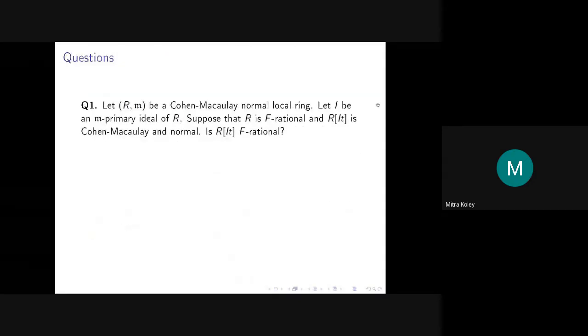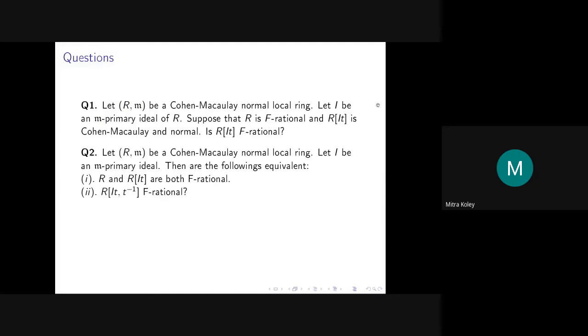So now I'll discuss some questions which are of interest in F-rationality of the Rees algebra. The first question: let (R, m) be a Cohen-Macaulay normal local ring, and let I be an m-primary ideal. Suppose the base ring R is F-rational and we assume that the Rees algebra is Cohen-Macaulay and normal. Is the Rees algebra F-rational?